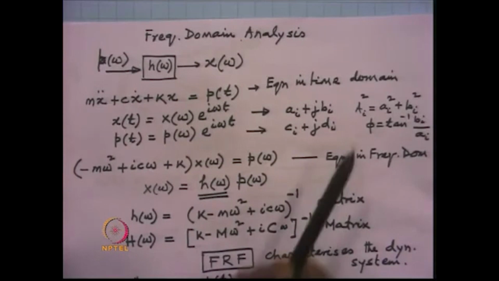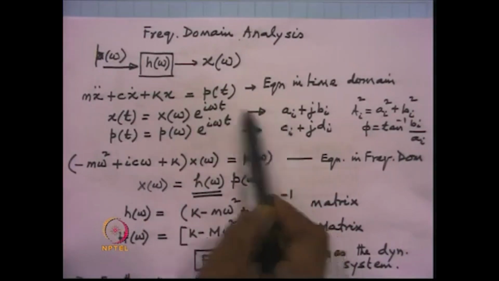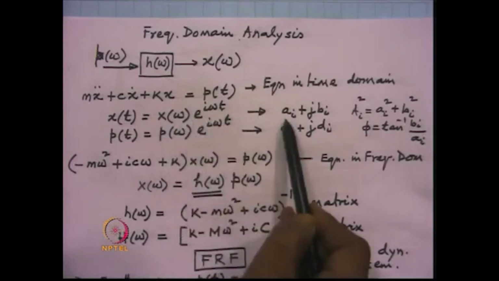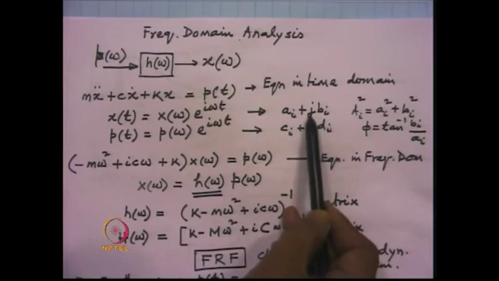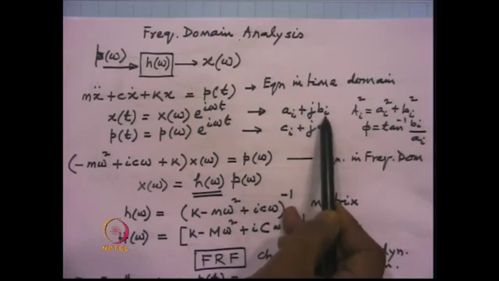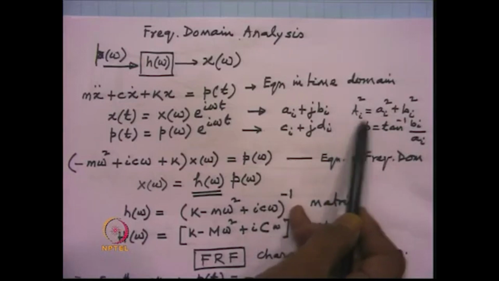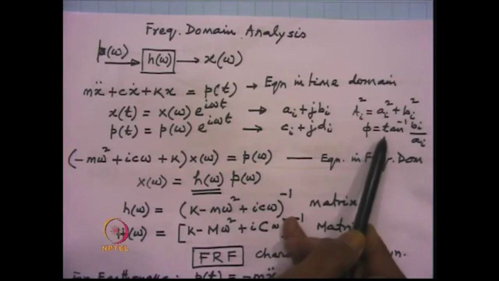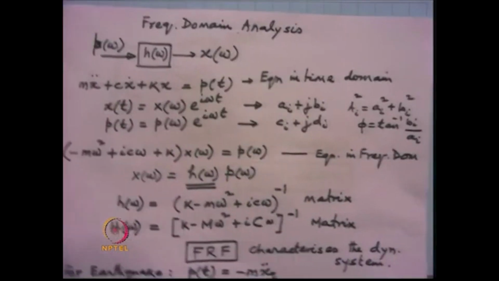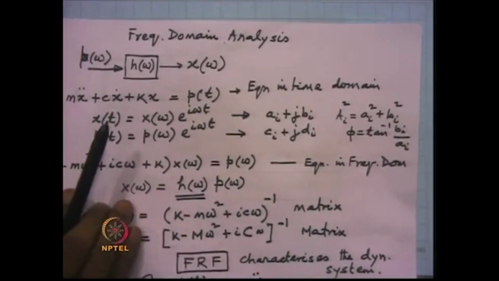In particular, if we look at these terms, the X(omega) term will be in the form of a_i plus j, that is the imaginary notation, into b_i. The ith amplitude is given by the square root of a square plus b square, and the ith phase will be given by tan inverse b by a, that we discussed before in connection with Fourier series analysis.